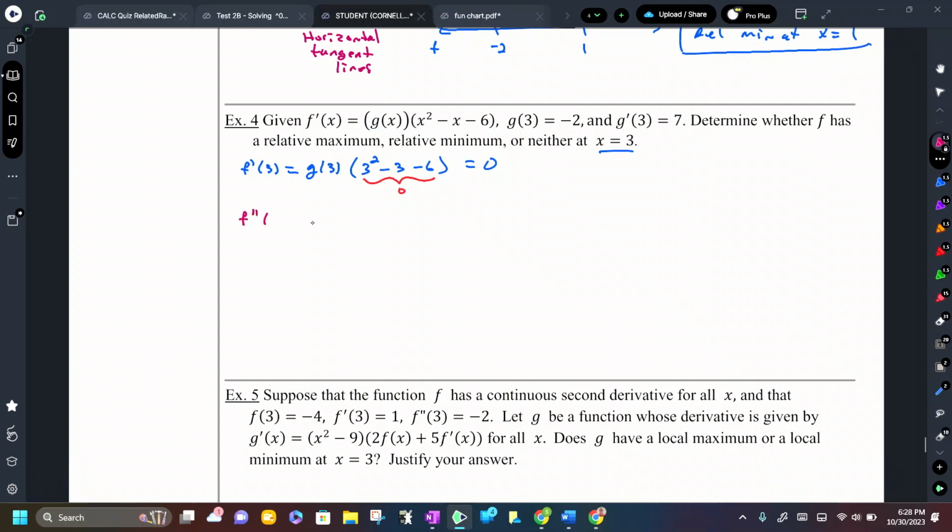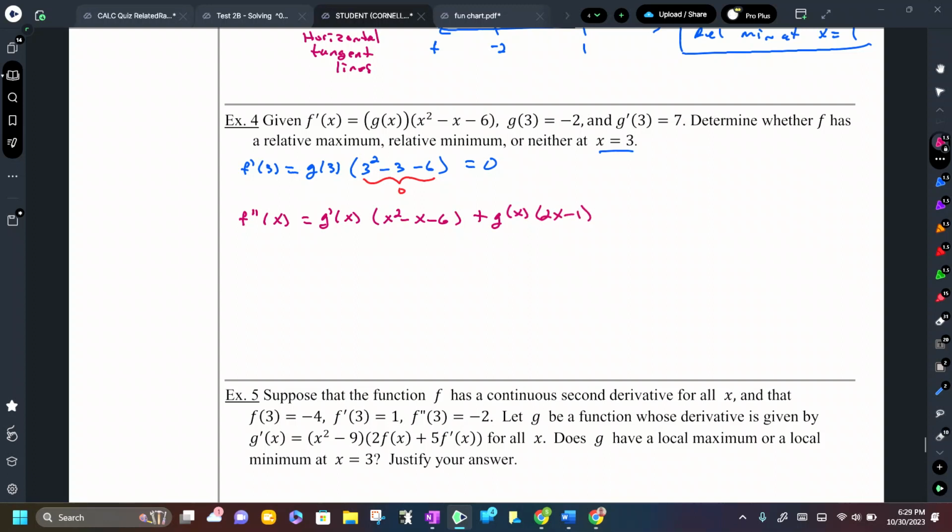So we have f double prime, and I'm going to plug in x's to start with just to stay organized. F double prime of x is equal to g prime of x times x squared minus x minus 6, plus g of x times 2x minus 1.